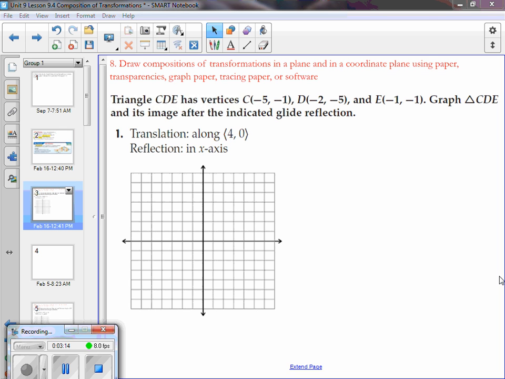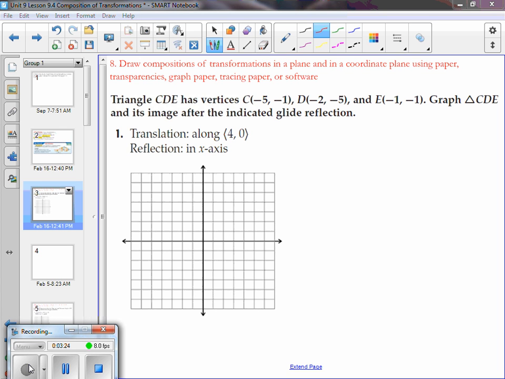Let's graph the triangle. So let's see here. C is at -5, -1, and go there. D is at -2, -5 will be there. And E at -1, -1 will be there.